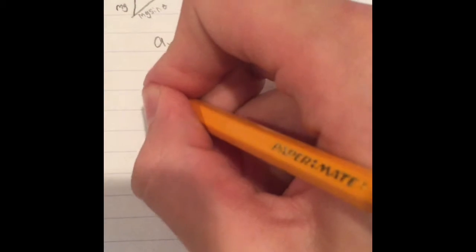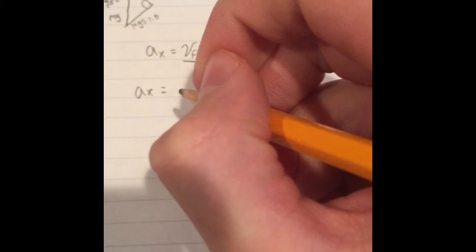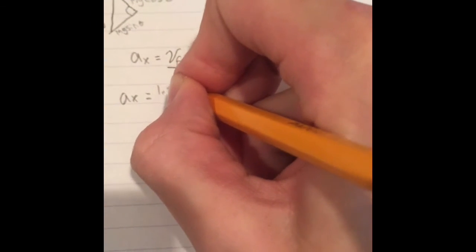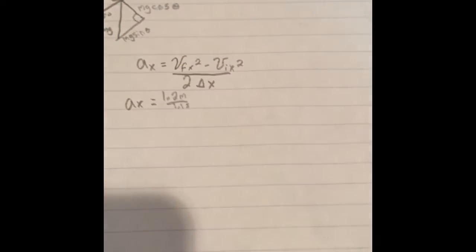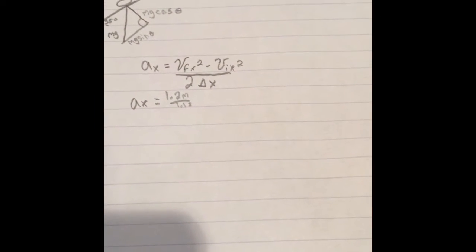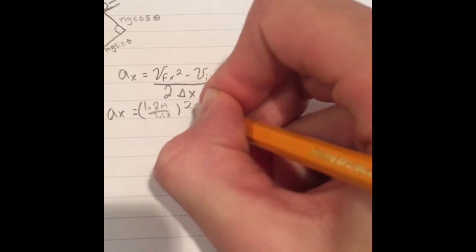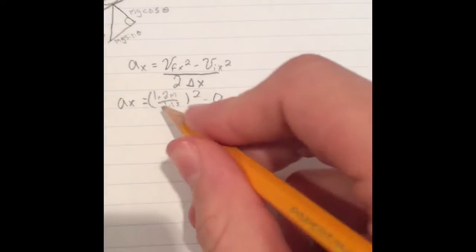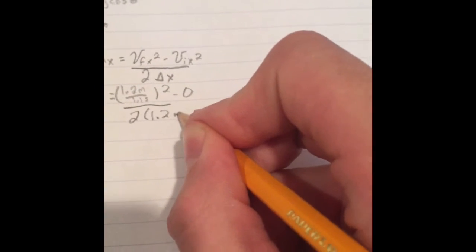And for this, our velocity final is equal to 1.2 meters over 1.1 seconds, since the board was 1.2 meters and it took 1.1 seconds to go down, squared minus 0 because the beanbag started from rest when we dropped it. And this is all over 2 times 1.2 meters, which is the length of the board.